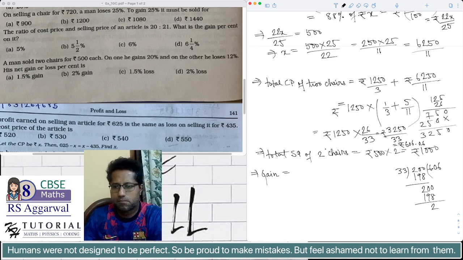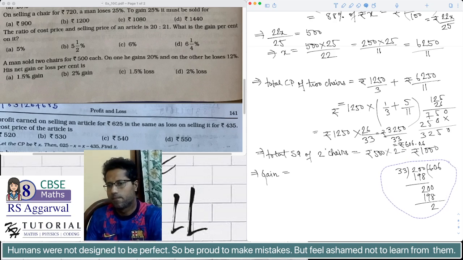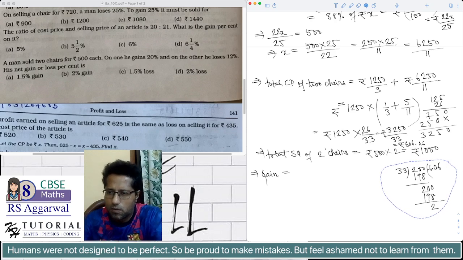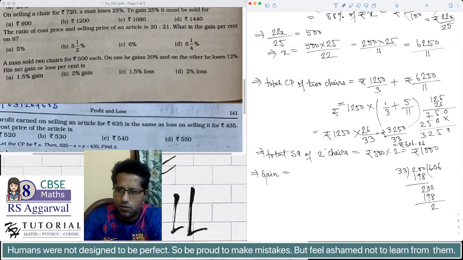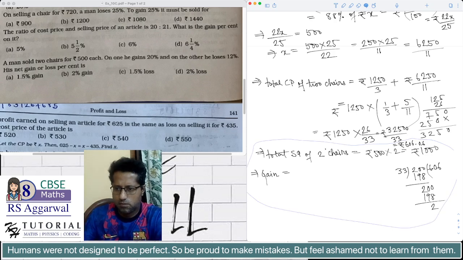Now, 125 multiplied by 26 is 3250, so this will be 32500. Let me clear some calculation.